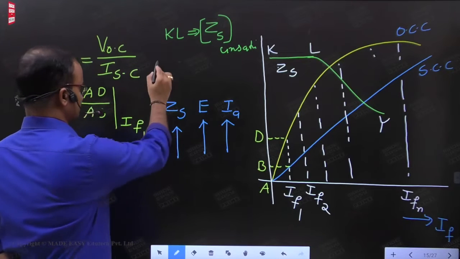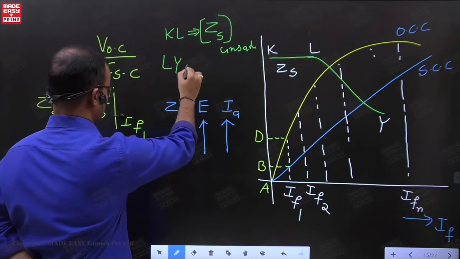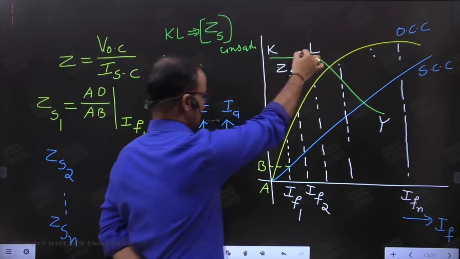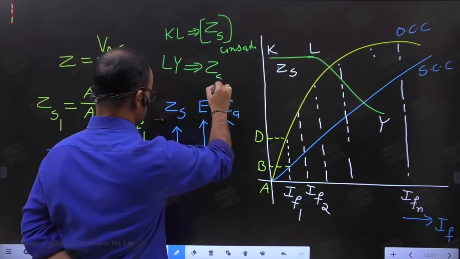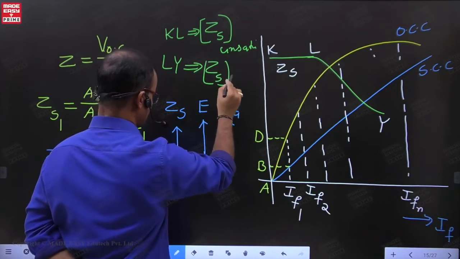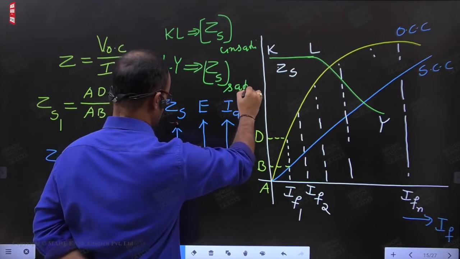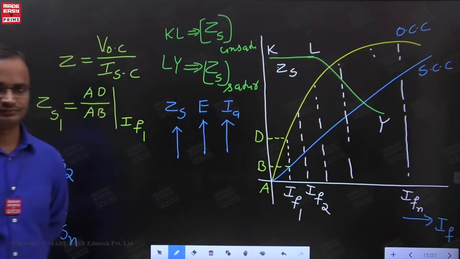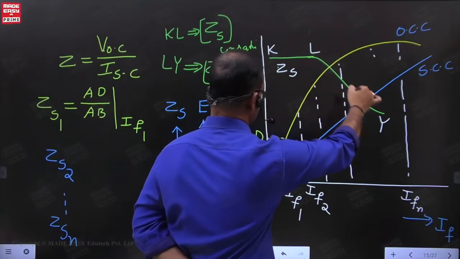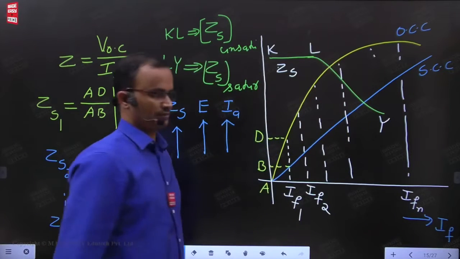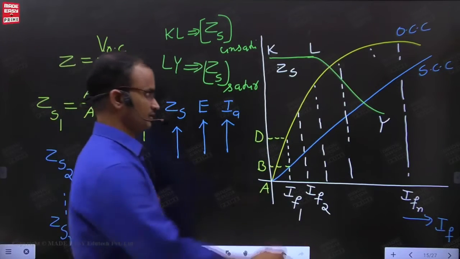Come to the next one, LY. Now for this LY here, we use what is called the saturated synchronous impedance. But look here, is the saturated synchronous impedance variable or constant? Variable. What is the reason?